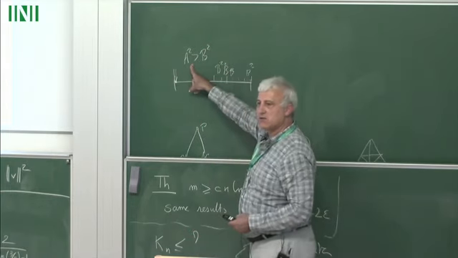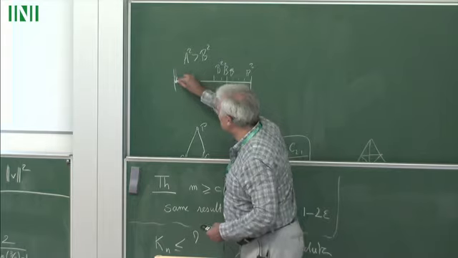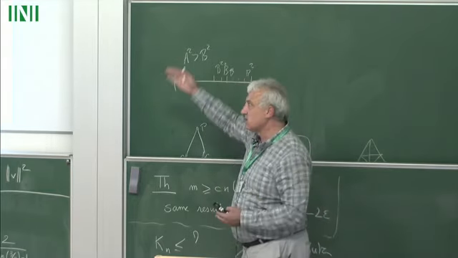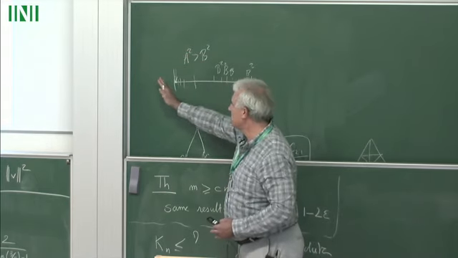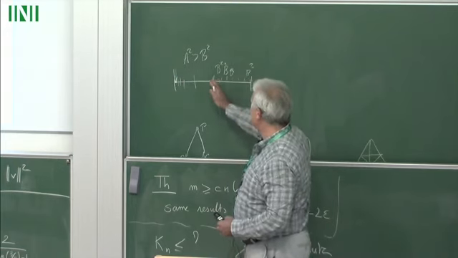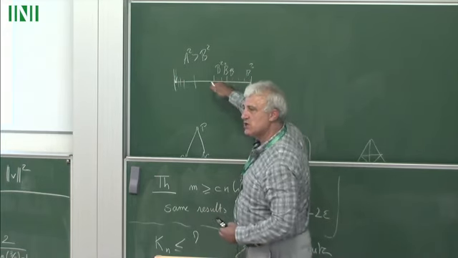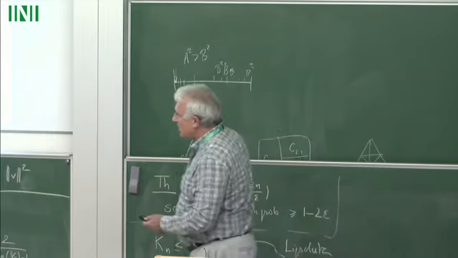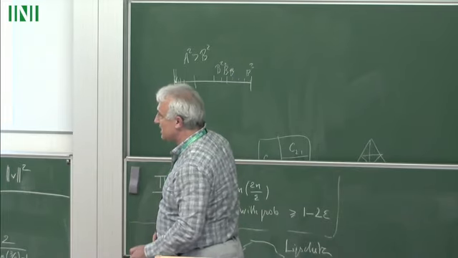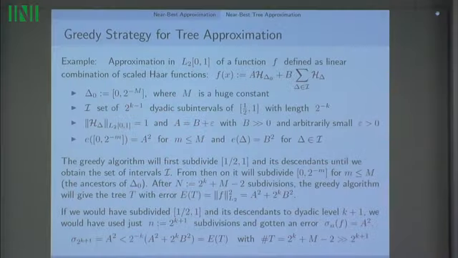If we follow the greedy strategy, we'll continue to subdivide here up to the end of time, because capital N there is a very big constant, so we have to do a lot of subdivisions in order to resolve this error. However, if we subdivide each of them just once, we'll dismiss this error. So that means instead of having only the error which is a square, which is the optimal, we'll have 2 to the k times b square, and b square is very close to a square. So that means we have a 2 to the negative k constant which we have to resolve.